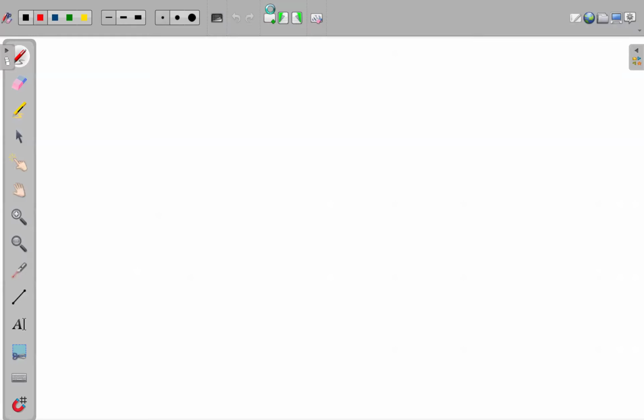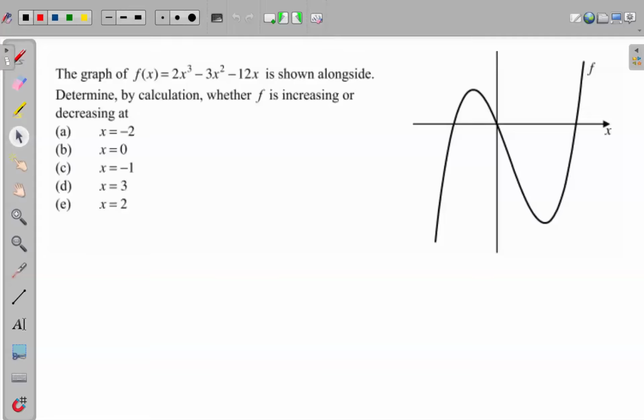I'm going to bring up an example, and then we're going to work through that together. All right, so here's our first example.